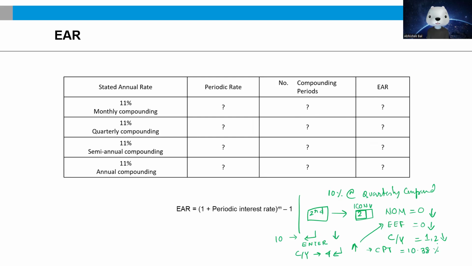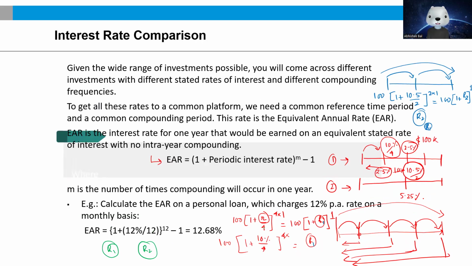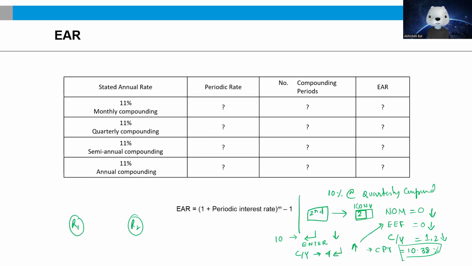What does this 10.38% mean? Remember, we discussed those R1 and R2 interest rates. R1 for the quarterly compounded interest rate. This was your R1, right? The equivalent interest rate for quarterly compounded, right? So this is your quarterly compounded interest rate of 10.38%.